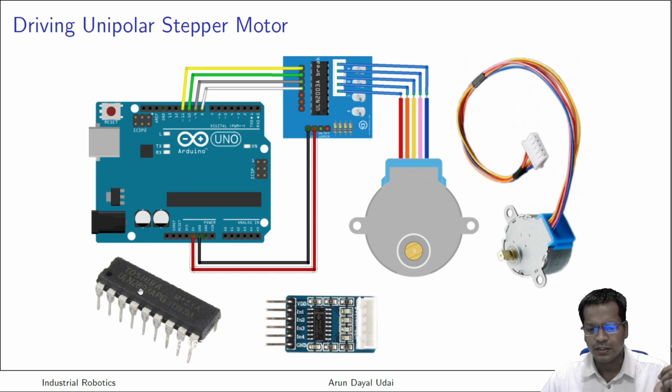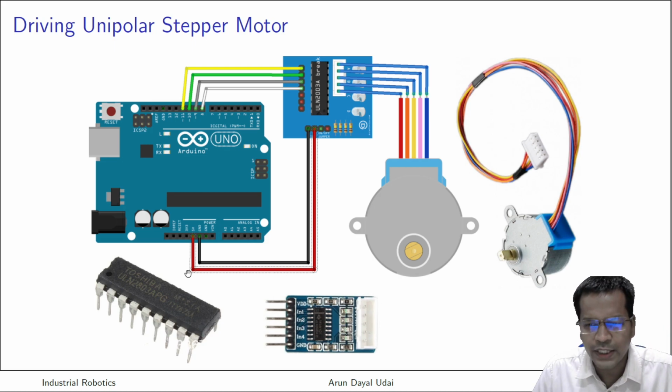ULN2803 is shown here, but over here it is 2003. The 2803, you see, has more pins, so it can control 2 stepper motors at a time. This is a physical stepper motor. How does it look? This is just a figure of that. So I hope it is quite clear now. You can run this type of motor. If we get time, we'll show you how it actually runs.